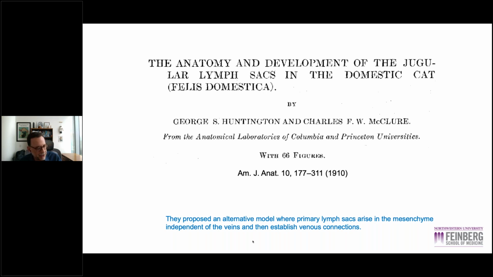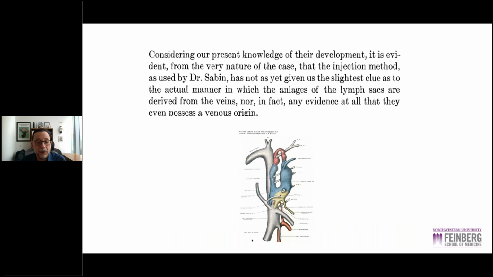But just to get a sense, sometimes we feel that our colleagues are a little bit mean to us or things like that. Read here what Huntington and McClure said about Florence Sabin's papers.